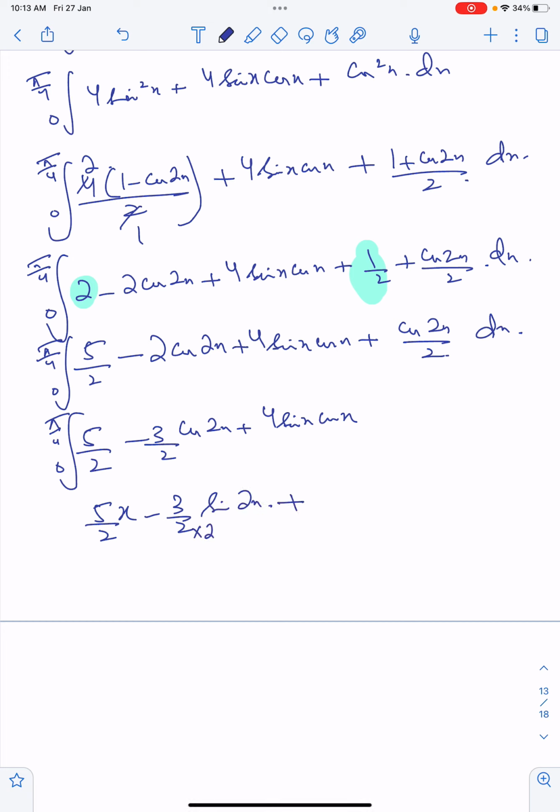And as far as this is concerned, I'm talking about this, you can use the product law. So first, I'm using 4 sine x as one function and cos x as the second function. First function as it is, 4 sine of x, integrate the second one. Integration of cos x is positive sine x, plus second as it is.